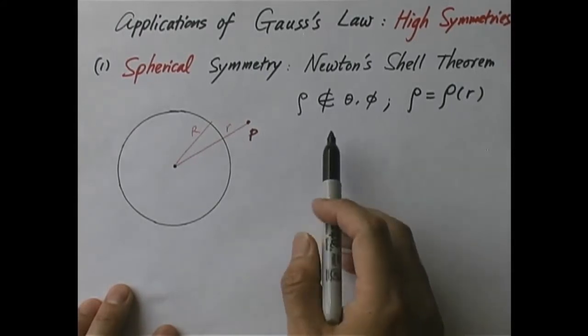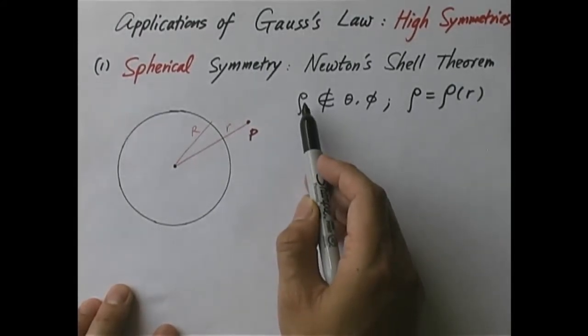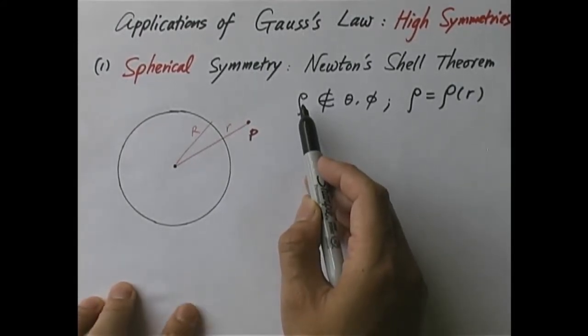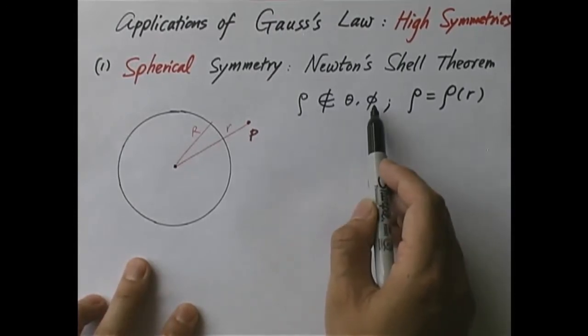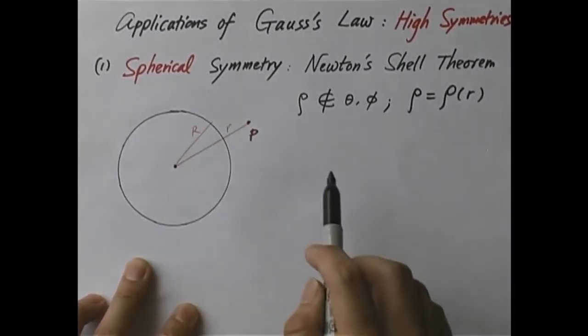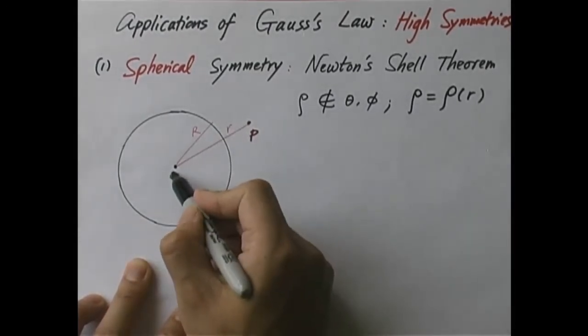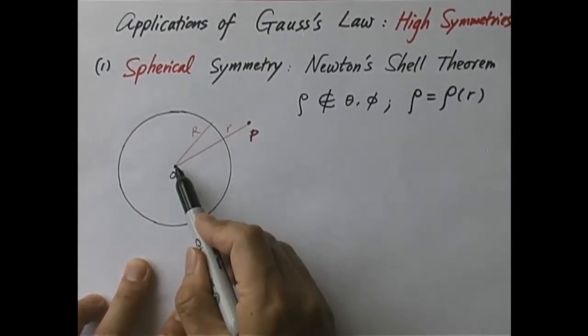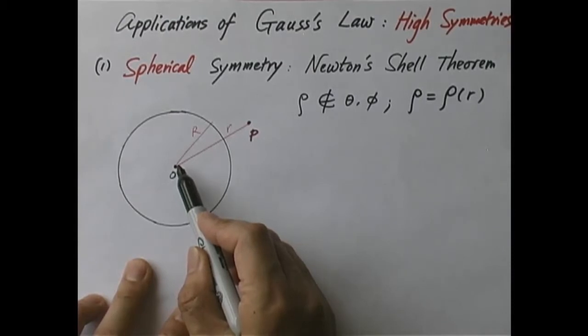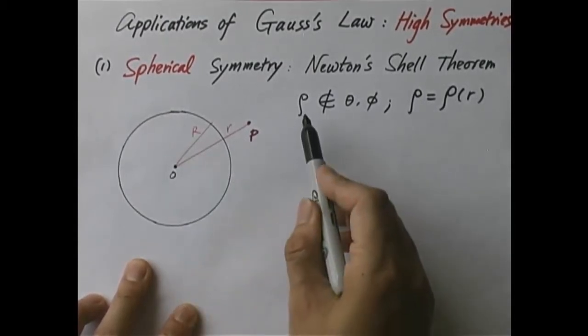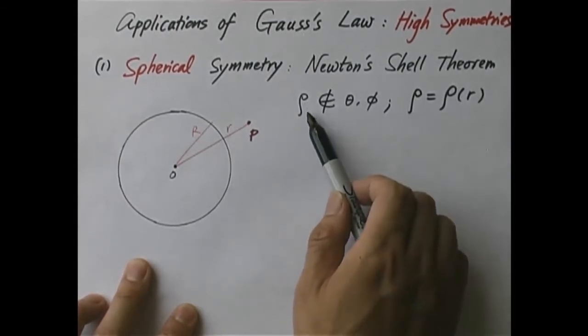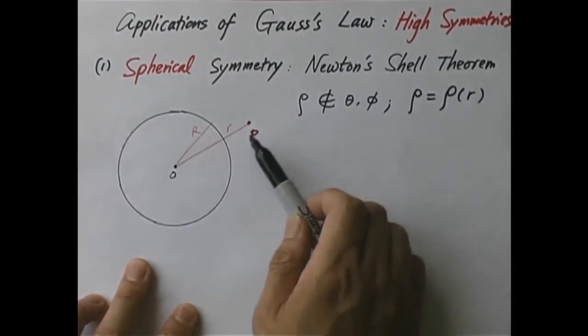By spherical symmetry, I mean the charge density is not a function of theta and phi, these angles, the orientation. It is only a function of r. What's r? r is the distance from the center of symmetry, say the center of a sphere. So the distribution of charge has nothing to do with directions.